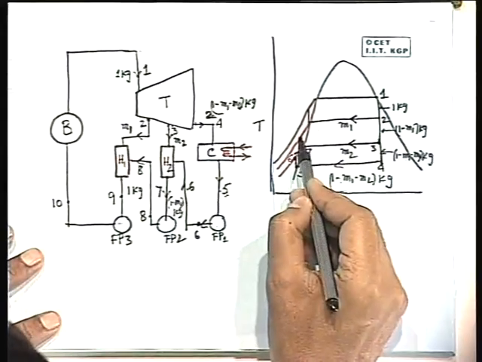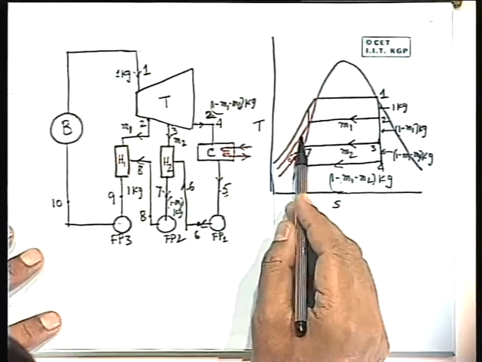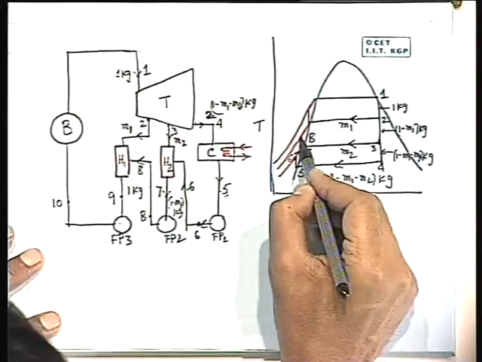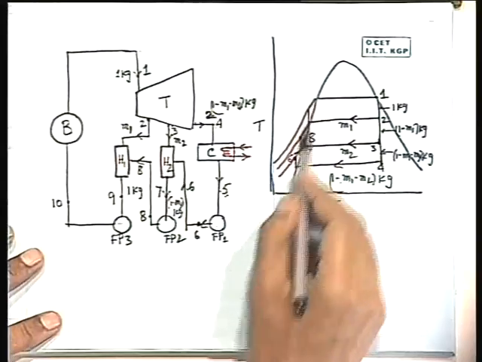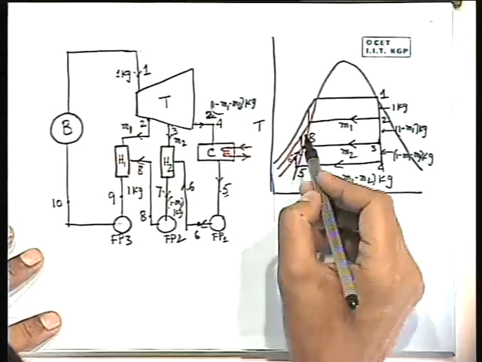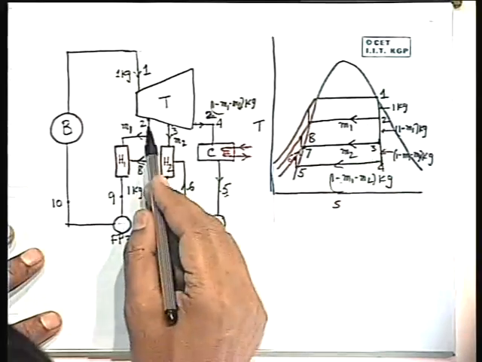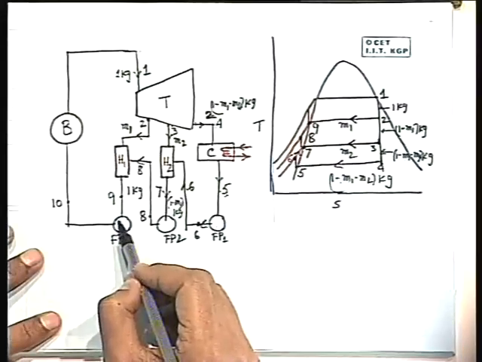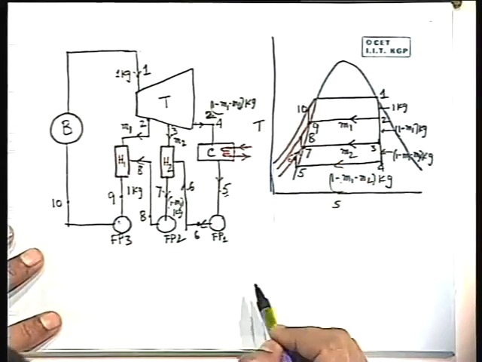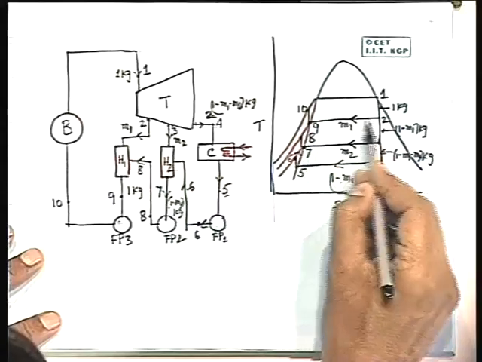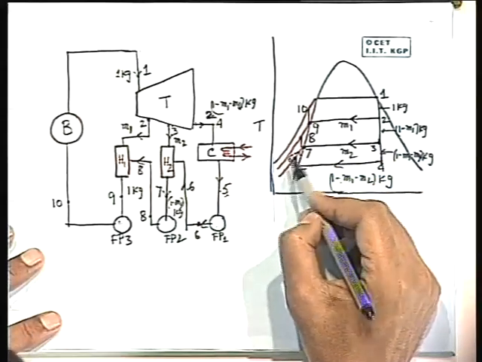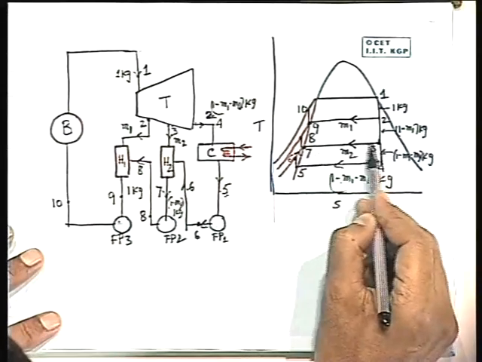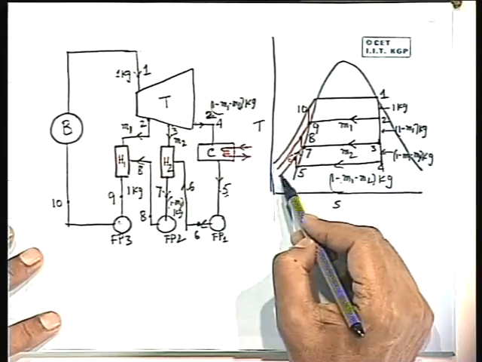Clear? What will be this point? This point is 8. It is very difficult to write, though I have drawn this, these are very close to each other. And here this M1 kg comes in, so this point corresponds to 9, which is the outlet of this heater. Then this is 10. This line corresponds to the pressure P2, this line corresponds to pressure P1, that is the boiler pressure, and this line corresponds to pressure P3, the second bleeding pressure. Clear?